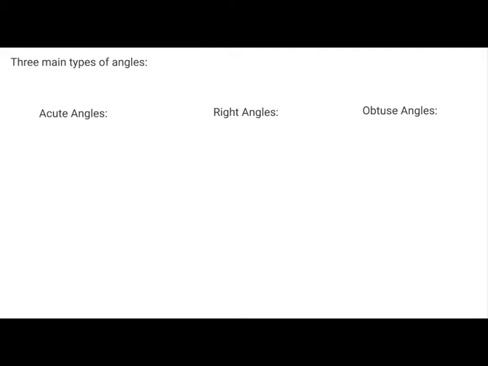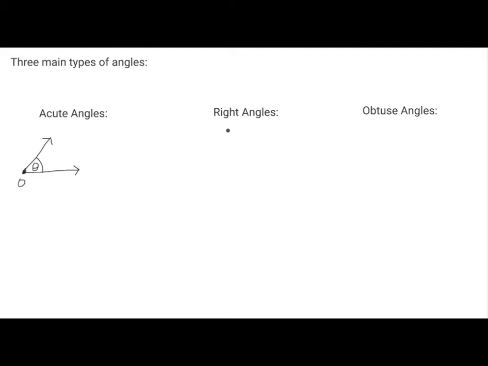So acute angles look like the following. We have two rays. Let's draw some straighter rays. So you have two rays that come from a point O. So this over here is our point O. And the acute angle is the angle between those rays.